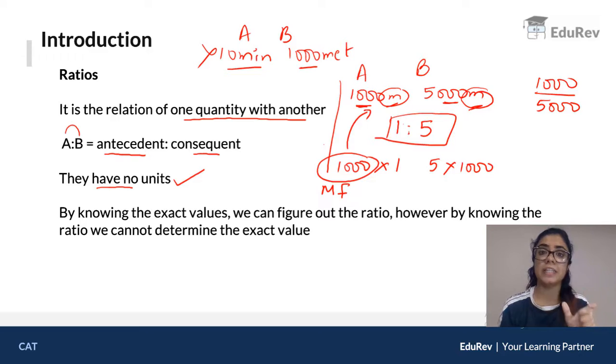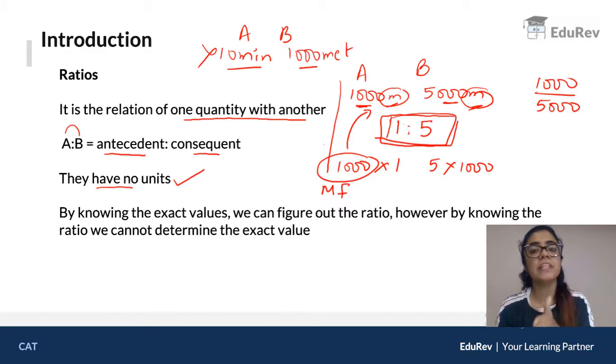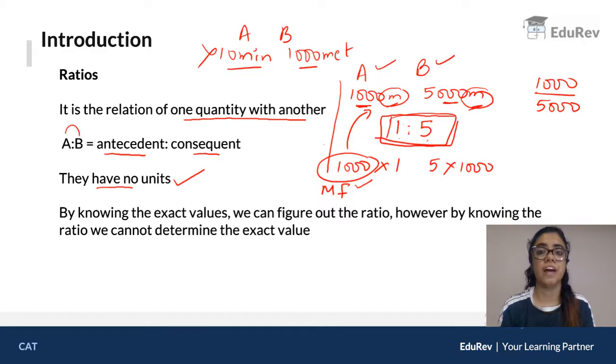It is called as the multiplying factor. So that means if I want to go back to the original value, I will multiply my respective ratio values with the multiplying factor. मतलब अगर मेरा ratio 1 is to 5 है, I will multiply both of them by 1000 to get my original values.